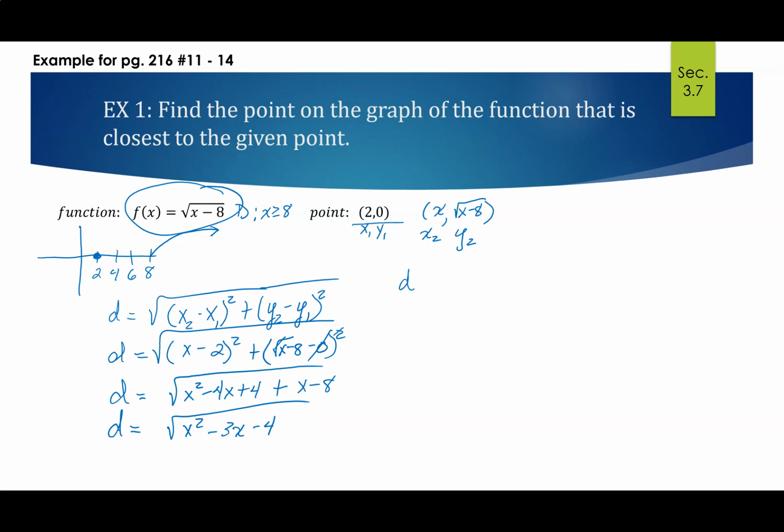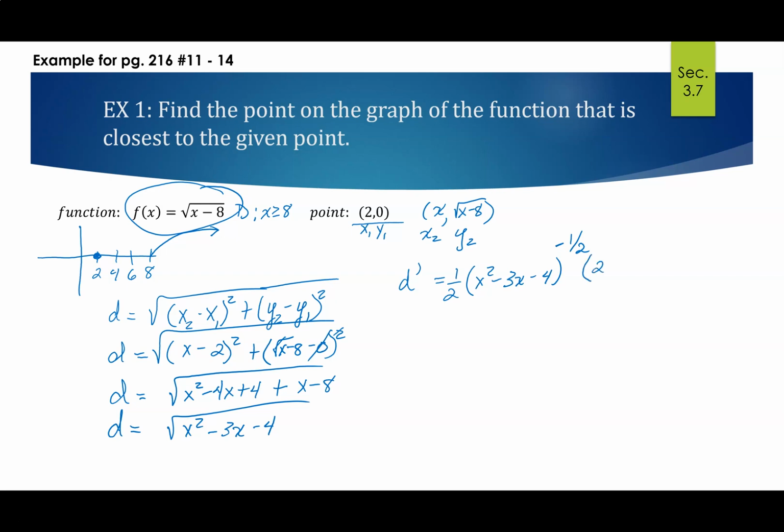So when I differentiate, the derivative of the distance is the chain rule, because that radical can be rewritten as a half. So the 1/2 drops, the inside stays the same. Subtract 1 from the exponent.